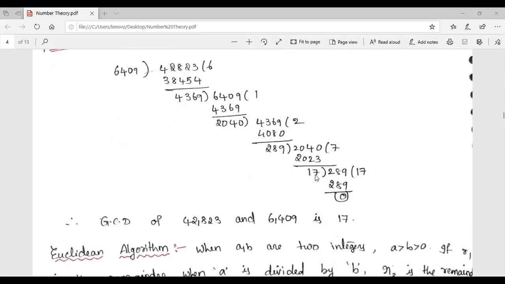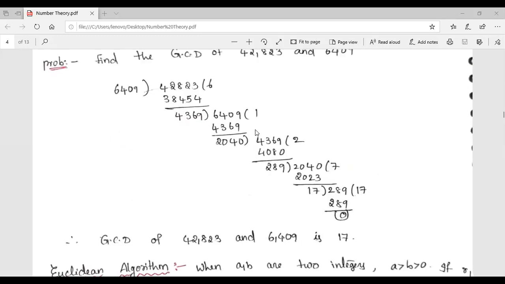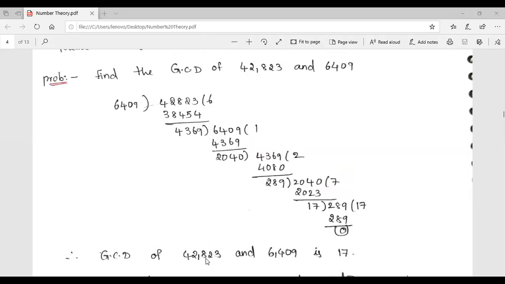So the greatest common divisor of the given two numbers, 42,823 and 6,409, is 17. The number which divides completely is the common divisor of the given two numbers. So here 17 divides completely, meaning it gives the remainder 0.